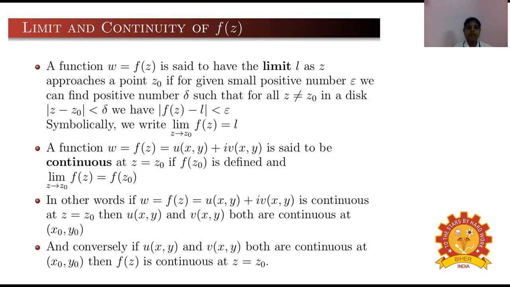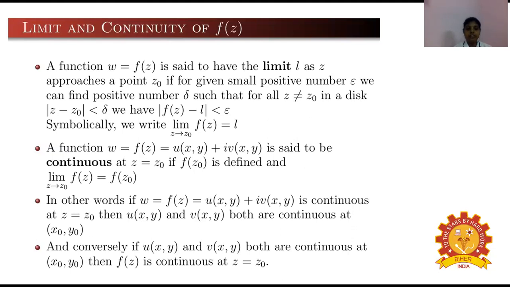A function w equal to f of z equal to u of x comma y plus i into v of x comma y is said to be continuous at z equal to z0 if f of z is defined and limit z tends to z0, f of z equal to f of z0.